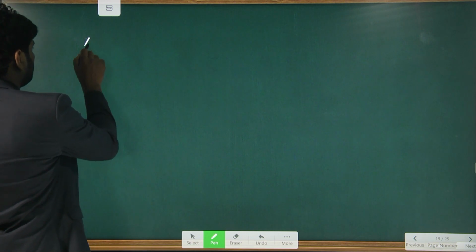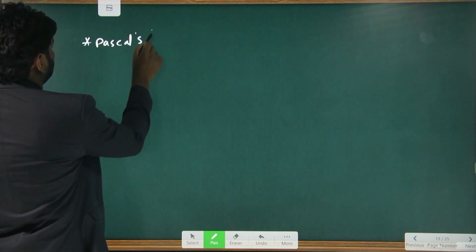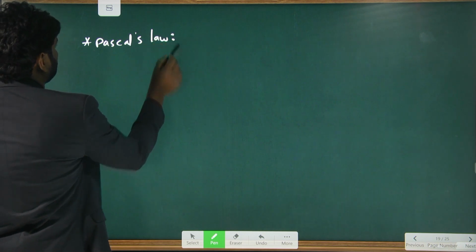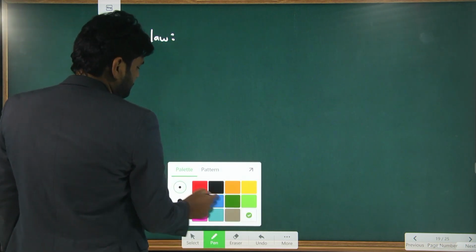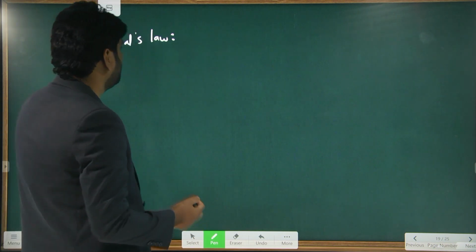Next one is Pascal's law. So what is this? Let us write the Pascal's law.